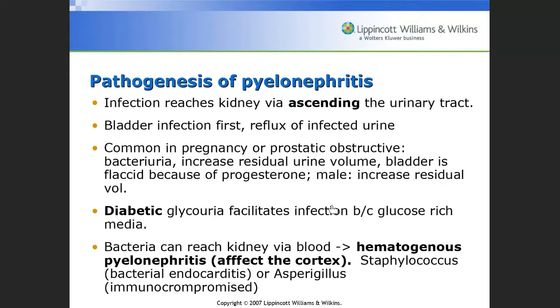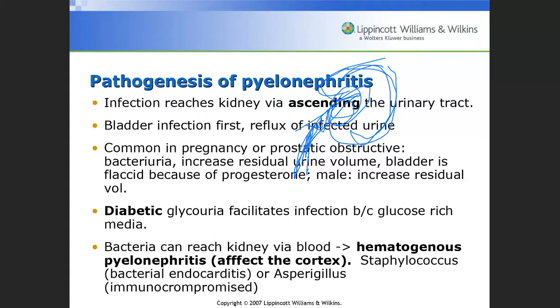Now, when we talk about pyelo, we really refer to the pelvis, right here. Okay, and a lot of these are due to ascending bacteria, like E. coli, but you can get nephritis more in the cortex out here.